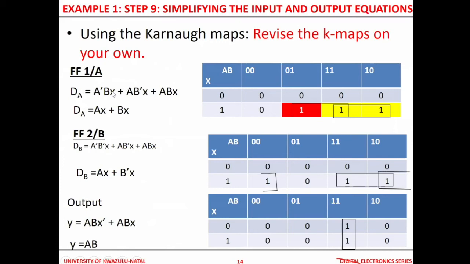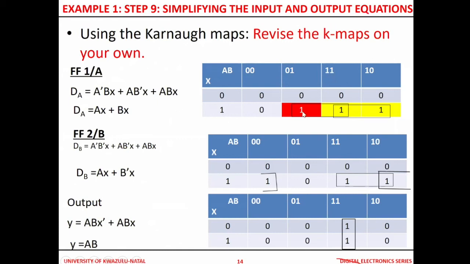People prefer tables to mathematics, and yet they're supposed to be engineers. So if we use a table for DA, you've got A, B, and X. DA will be 1 where A is 0, B is 1, X is 1. It will also be 1 where A is 1, B is 0, X is 1, and where A is 1, B is 1, X is 1.